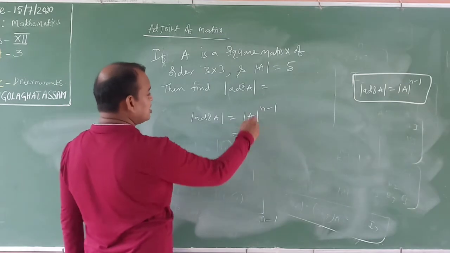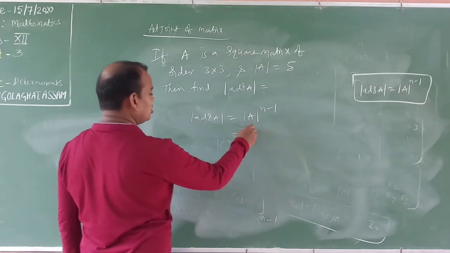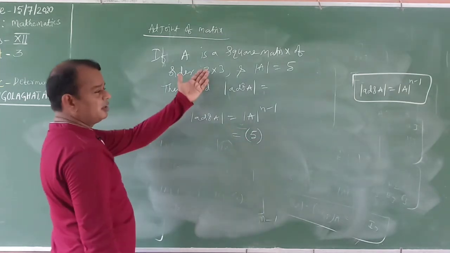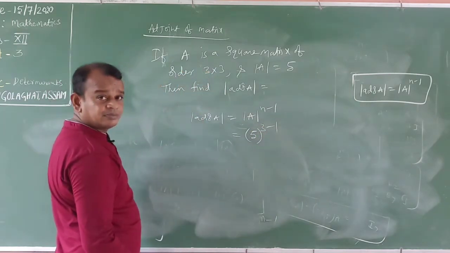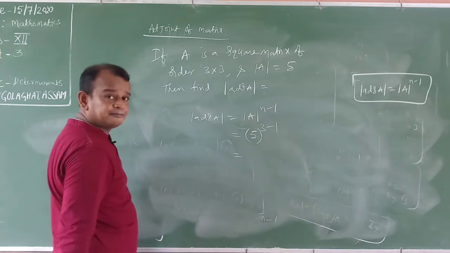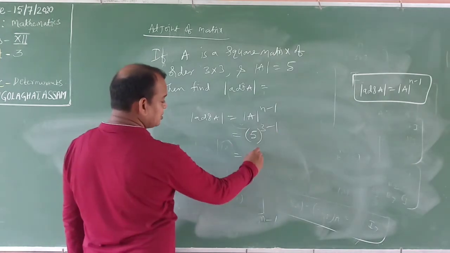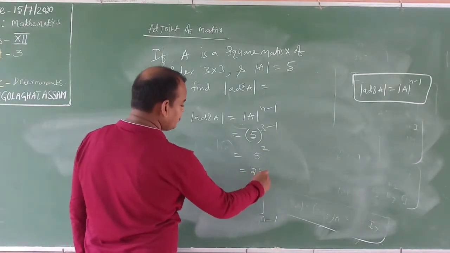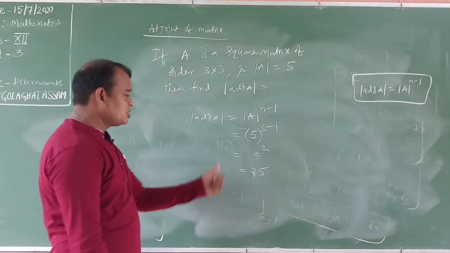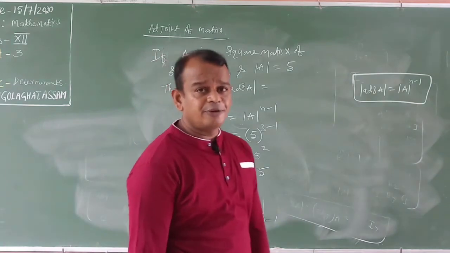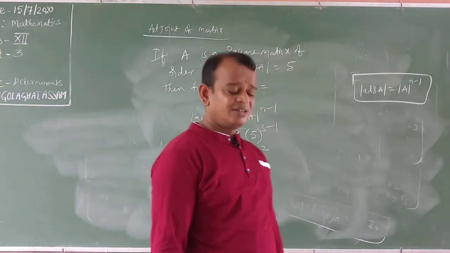The determinant of A is clearly given as 5, and the order n is 3, so it is 5 power 3 minus 1, which is 5 squared, equal to 25. These types of questions are asked from the examination point of view. Understand or not? Okay.